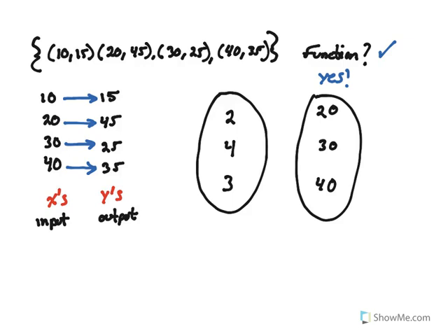And let's say I draw my arrow. So 2 produces 20, and let's say I told you it also produces 40. And then 3 is going to be 30, and 4 is also going to be 40. Okay, so is this a function?